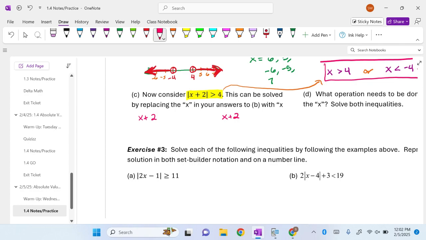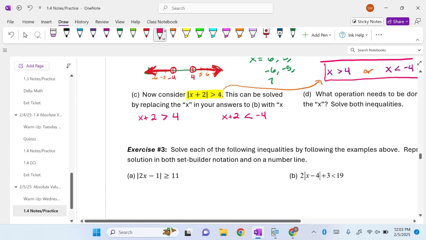And then we know we're going to have a positive and a negative. So we know we're going to have a 4 here and the -4 here. What symbol do you think goes between the X plus 2 and the 4? What symbol was between them in the previous example? A greater than. What about X plus 2 and -4? What goes between them? Less than. And then we have an or in between.